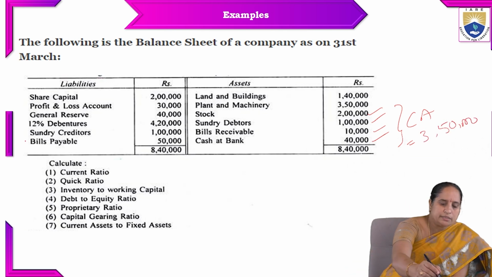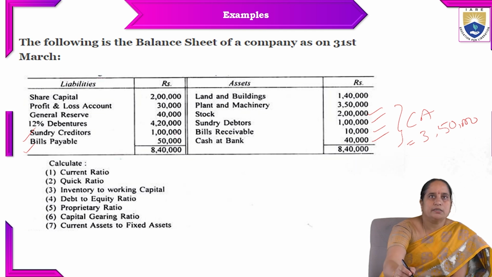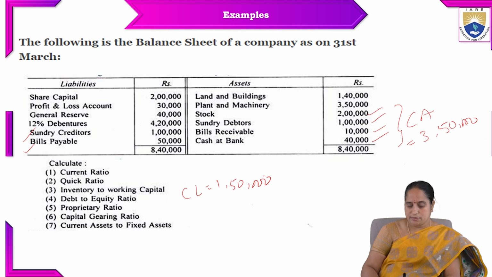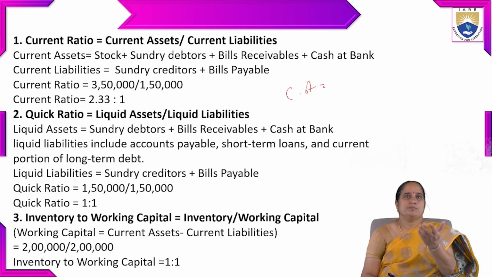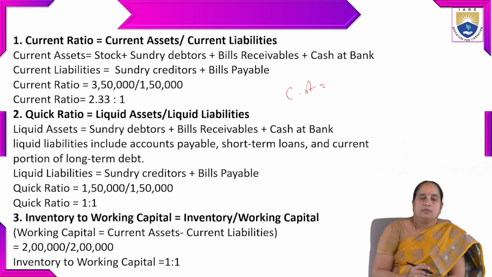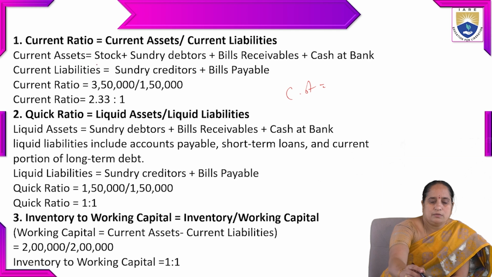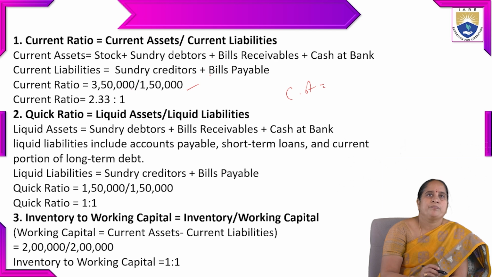And current liabilities: sundry creditors 1 lakh plus bills payable 50,000, so 1 lakh 50,000 is the current liabilities. Then substitute these values in the formula, current assets by current liabilities, 3 lakh 50,000 divided by 1 lakh 50,000.